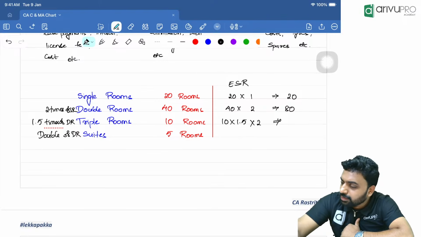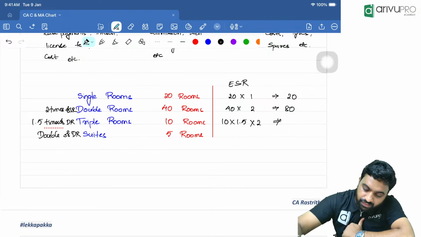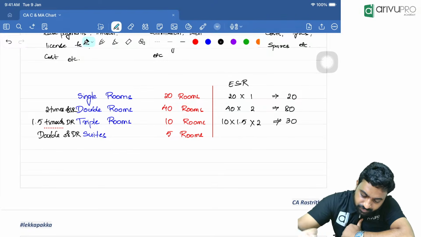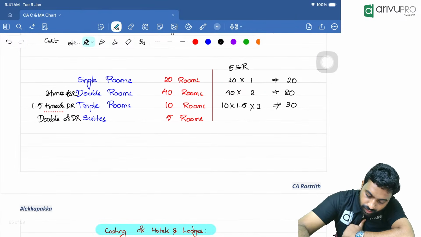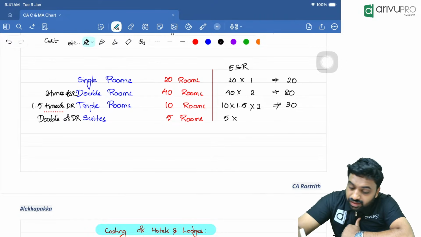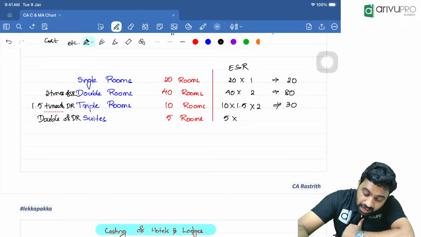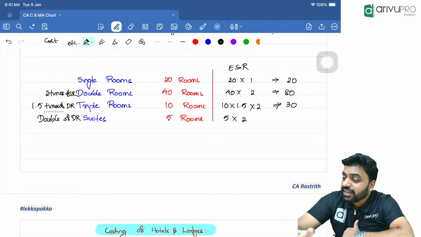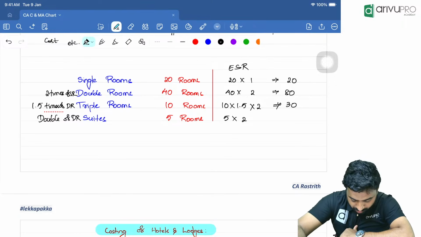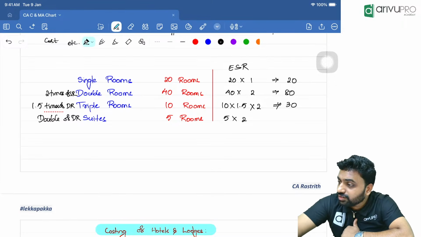I should take a double room as 2 times of a single room. Correct now. Next, suites. 5 rooms are there. These are double of the double room. Now if I multiply by 2, what I get is the number of double rooms. But I don't want double rooms, rather I want single rooms.